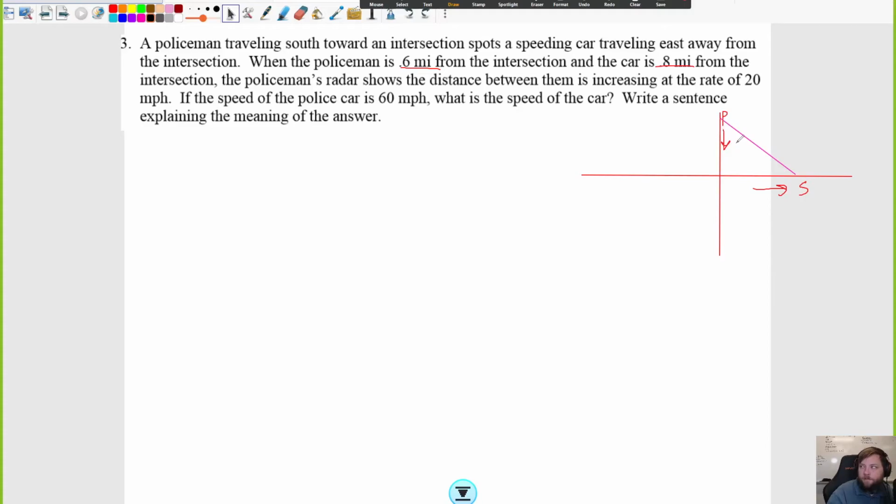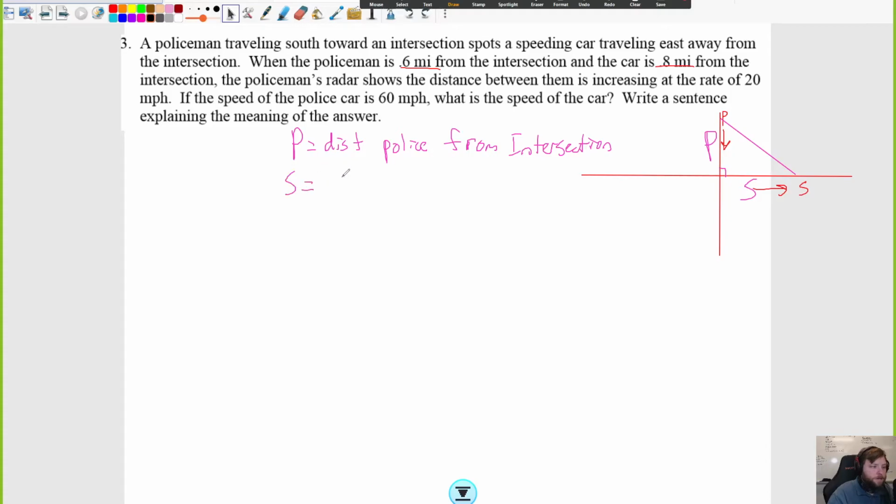What shape do we have? We have a triangle again. Oh, man. Triangle. Let's call this whole side P and this whole side S. And let's say P is the distance of the police from the intersection. My handwriting's really bad on this.